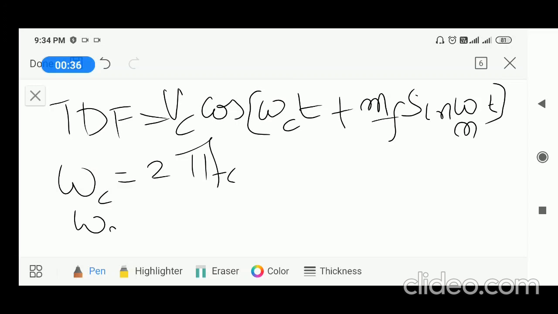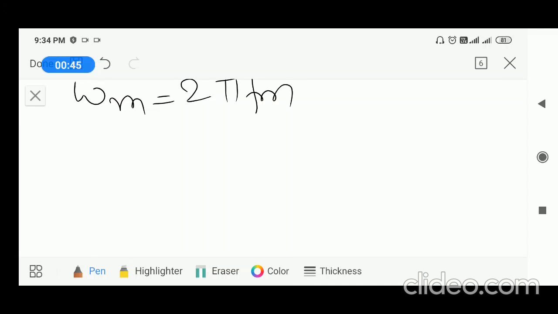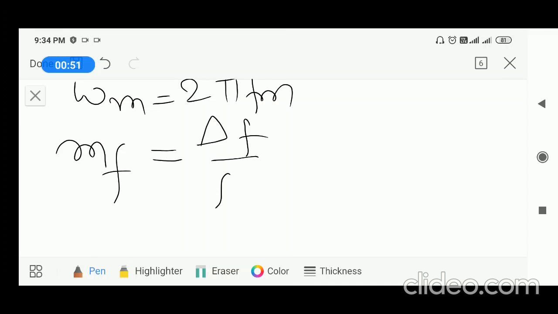Similarly omega m is equal to 2 pi fm, and mf is the modulation index, whose formula is delta f by fm, where delta f is the maximum frequency deviation and fm is the frequency of the modulating signal.